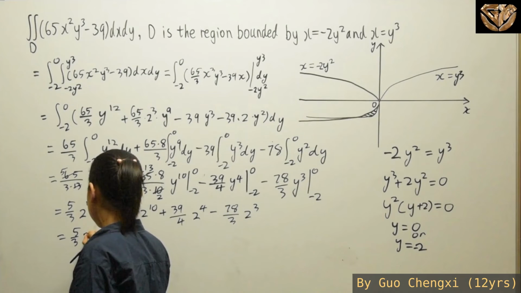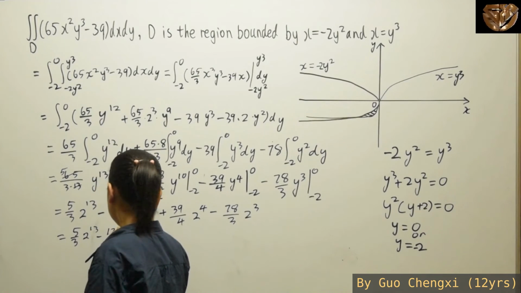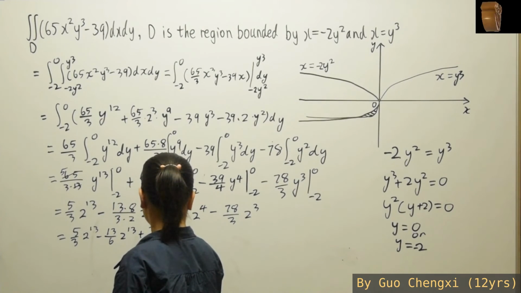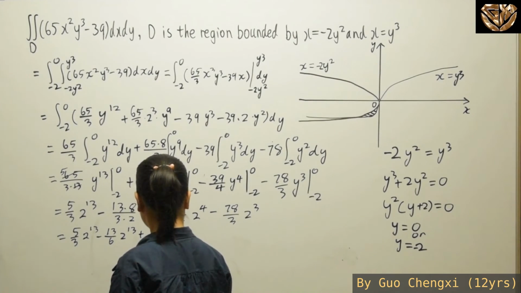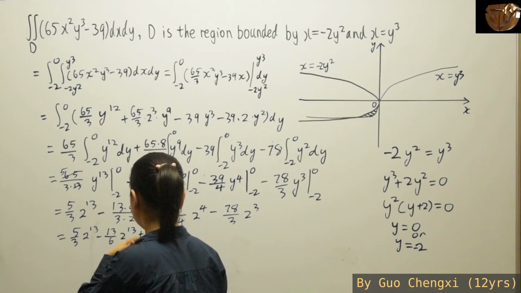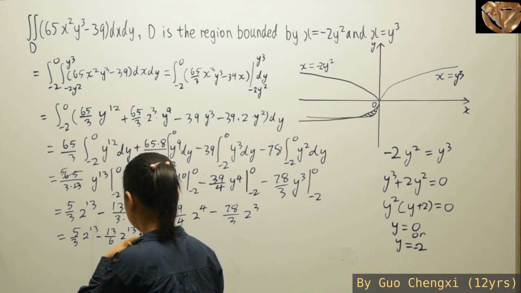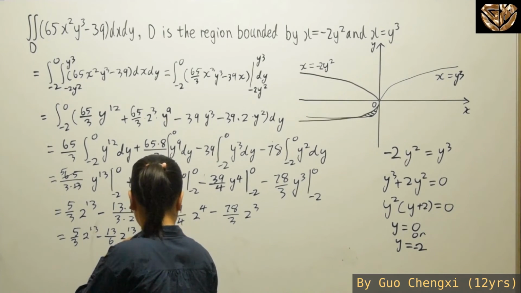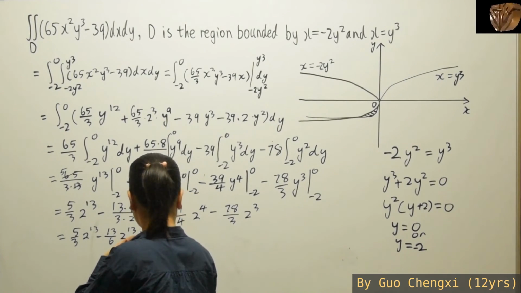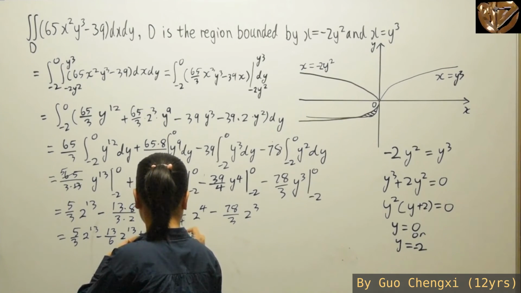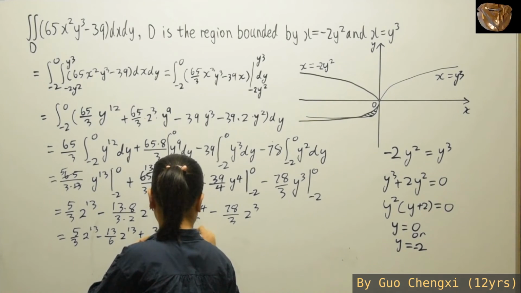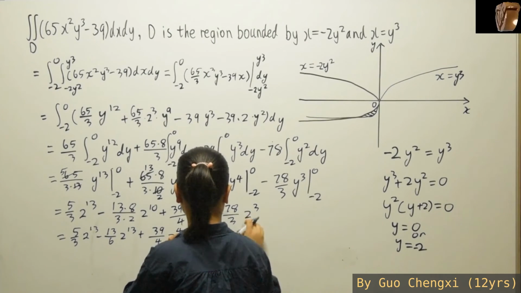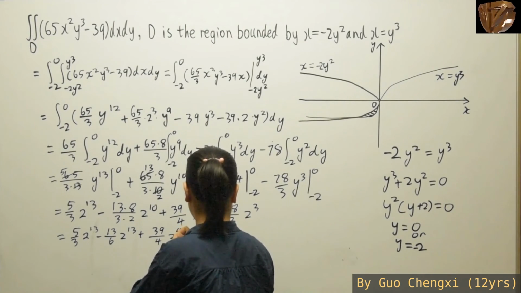And now you'll see for this part, if you didn't realize, what you can do here is simplify this and get 13 then times 2 to the power of 4.